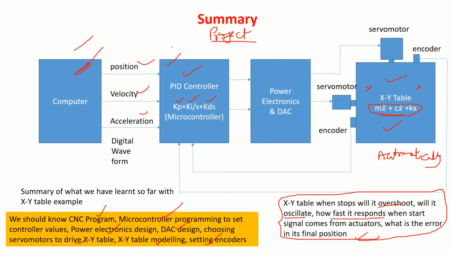I think we study that in the next chapter. I hope this has given you a clear picture, but I definitely propose you build a simple XY table project like this. Then you will understand the beauty of control engineering.